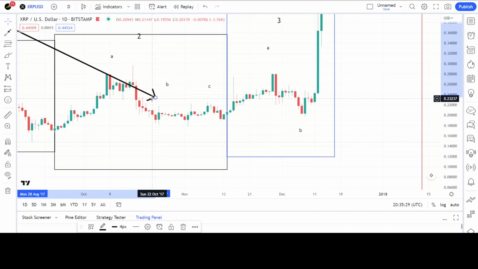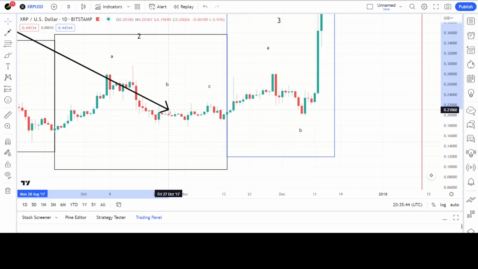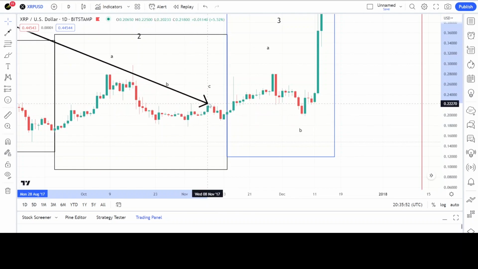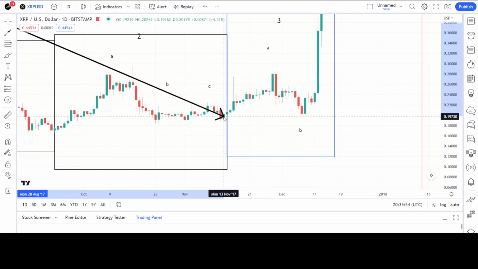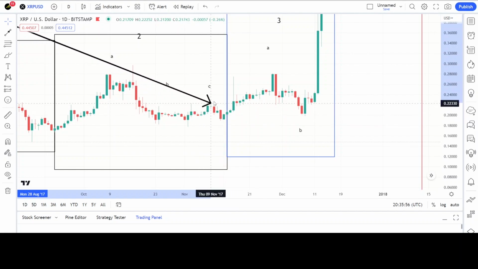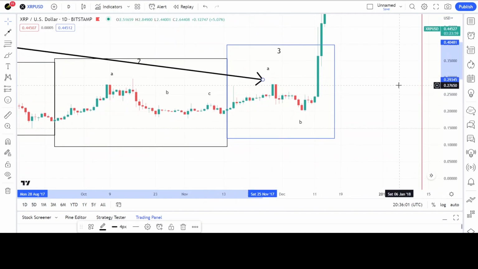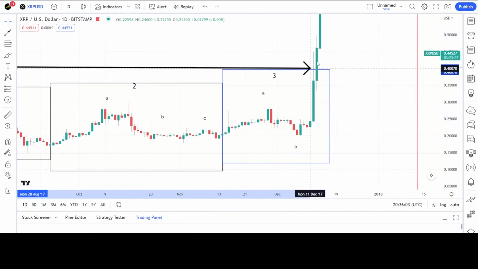So remember, when a fractal repeats, the timing, the height, and the depth are all going to be original every single time the pattern plays out. So as we can see here, the height wasn't as high as it normally goes, but we do have the depth. So part C of this structure, it moves up and does that little cresting wave pattern that we saw in some of the other ones before moving back up into fractal 3, which is the final fractal before the next bull run.